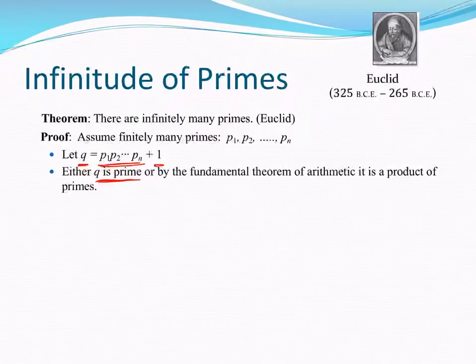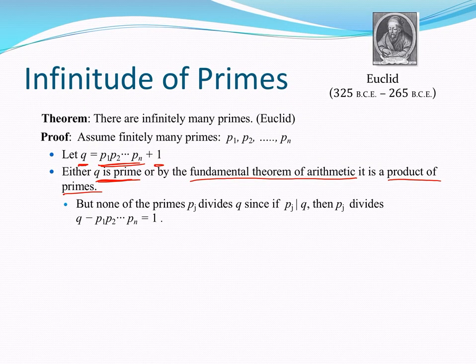It's either prime, or by the fundamental theorem of arithmetic, it is a product of primes. Well, if it's prime, we're already done because it's not going to be on our list. But look at the form of my sum here.